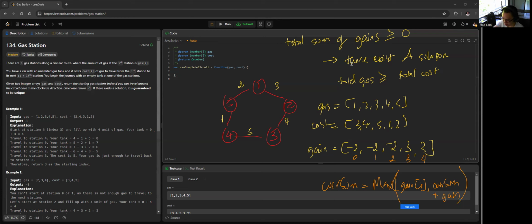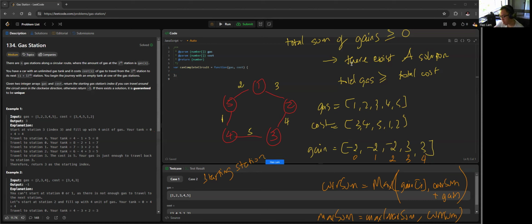Then we have to update our max sum, equal to the max of the max sum and the current sum. This is how we would find the maximum subarray. We also need to keep track of the starting station as well.